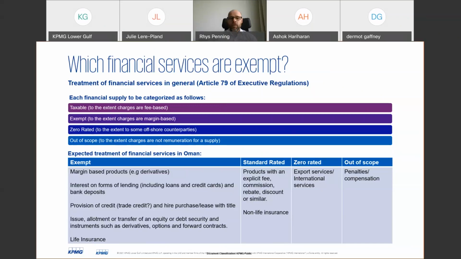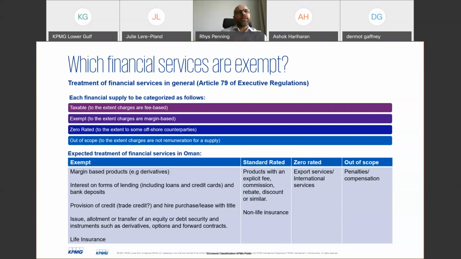So for instance, Article 79 tells me that life insurance is exempt. As a result, takaful life insurance should also be exempt as a Sharia product. Equivalently, a murabaha leasing arrangement is fundamentally a leasing arrangement over an asset. It should be taxable because it would not be VAT exempt as a non-Sharia compliant leasing arrangement. So we're looking for equivalence there, basically to not distort the market as between traditional and Sharia compliant financing.